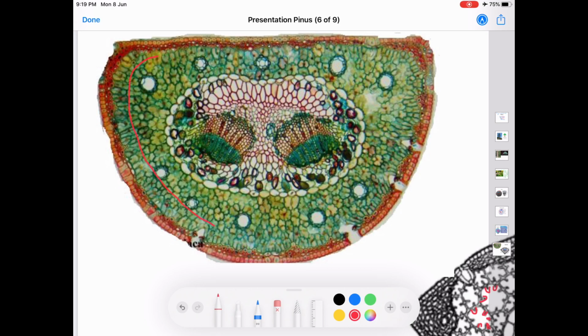This region is the sclerenchymatous hypodermis. Inner to the sclerenchymatous hypodermis is the mesophyll, this region. These are the mesophyll cells, and the mesophyll carries resin canals, and these resin canals will be nearer to the sclerenchymatous hypodermis.